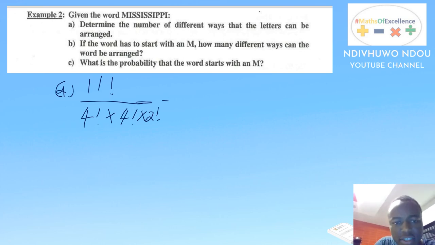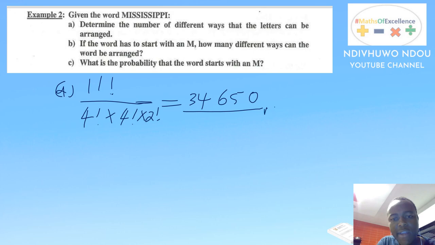In total, we're just going to use a calculator to get the answer. It's 11 factorial divided by 4 factorial, multiplied by 4 factorial, multiplied by 2 factorial. So the answer will be 34,650 ways in which you can arrange those letters in different ways.